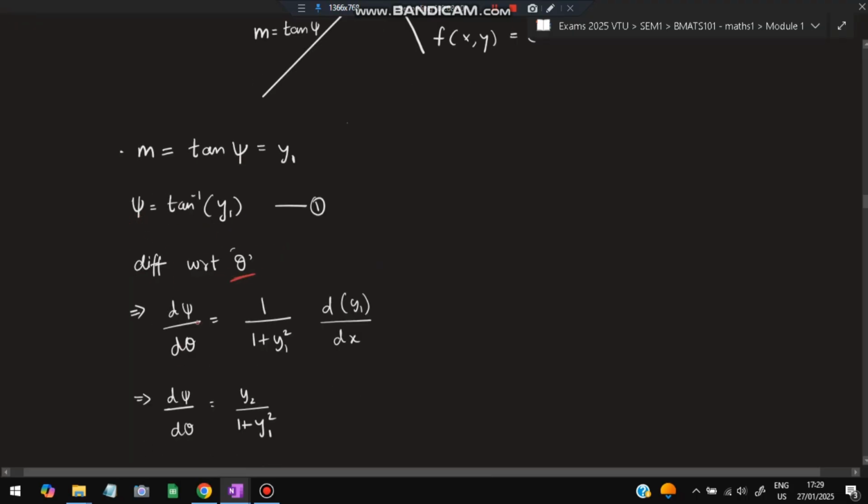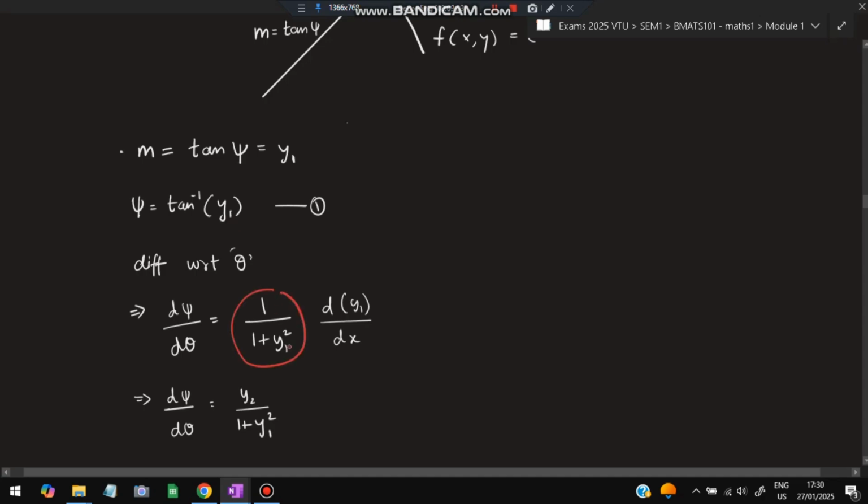Now differentiate both with respect to x. d psi by dx is equal to the derivative of tan inverse of y1. The differentiation of tan inverse of y is nothing but 1 by 1 plus y square into dy by dx. You need to look at that table where the differentiation is given. So it will be 1 by 1 plus y1 square.